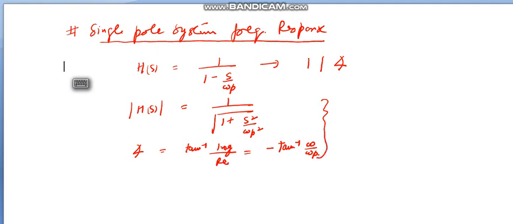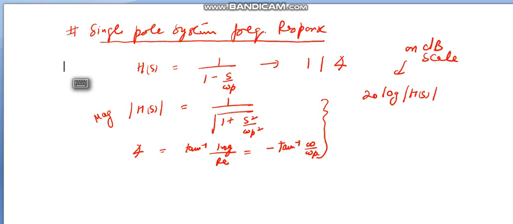Now in dB scale, how we represent magnitude? So this is magnitude. In dB scale we write it as 20 log |H(s)| dB. This is on dB scale.